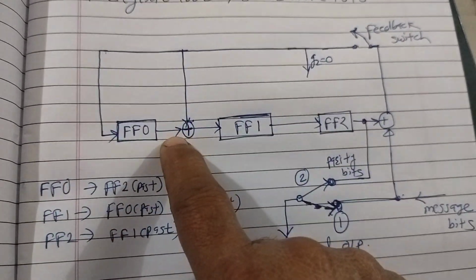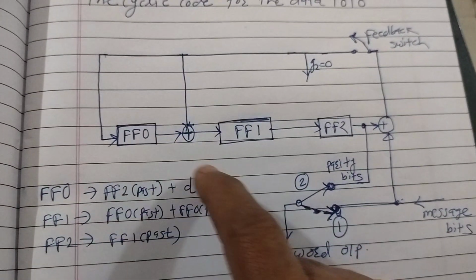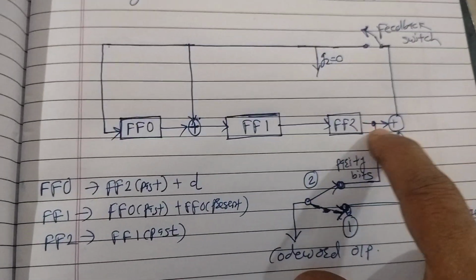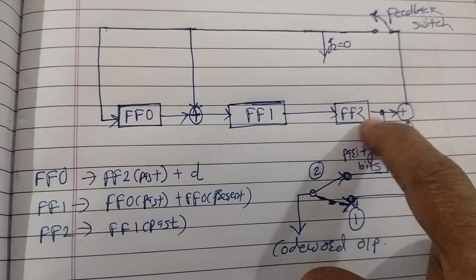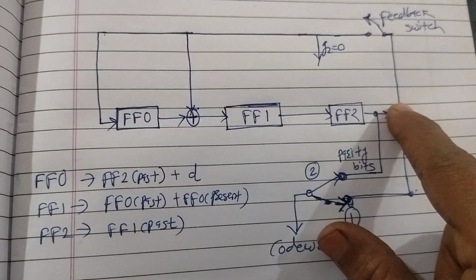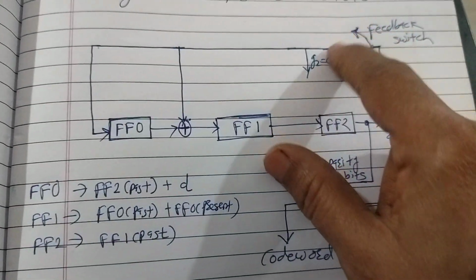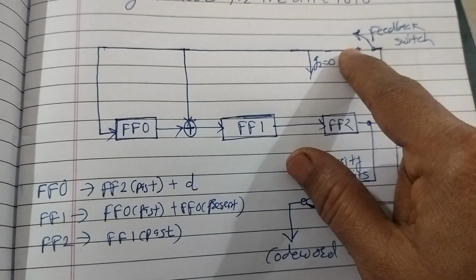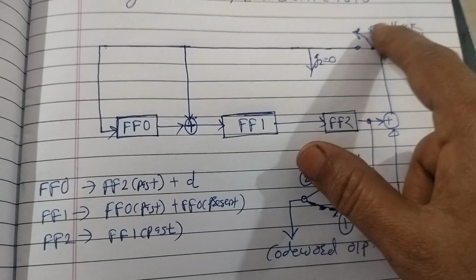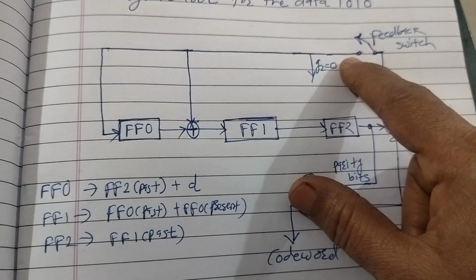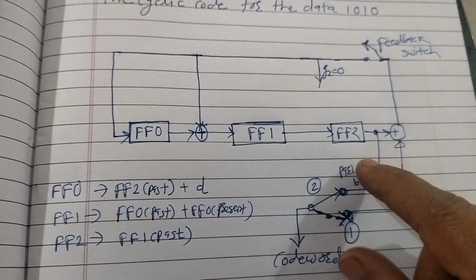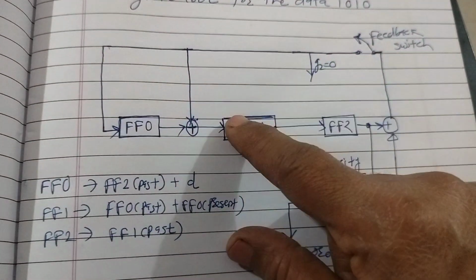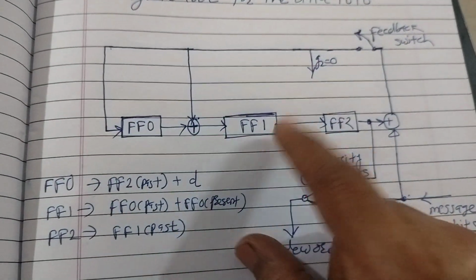Flip flop 0 output is flip flop 2 past, that means the previous output of flip flop 2, plus the D input. When the feedback switch is closed for the message bits, and after that the feedback switch is open when all 4 bits are inserted in this circuit.